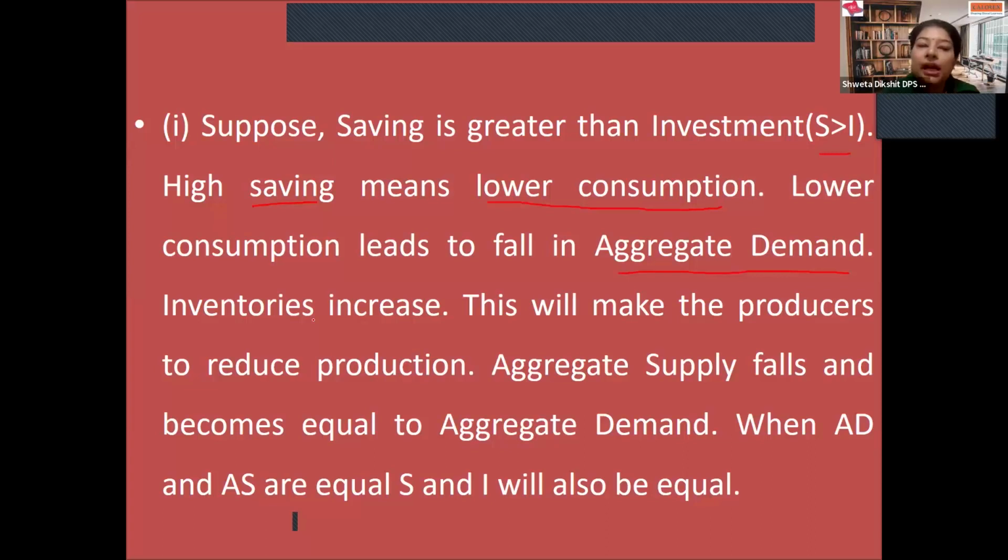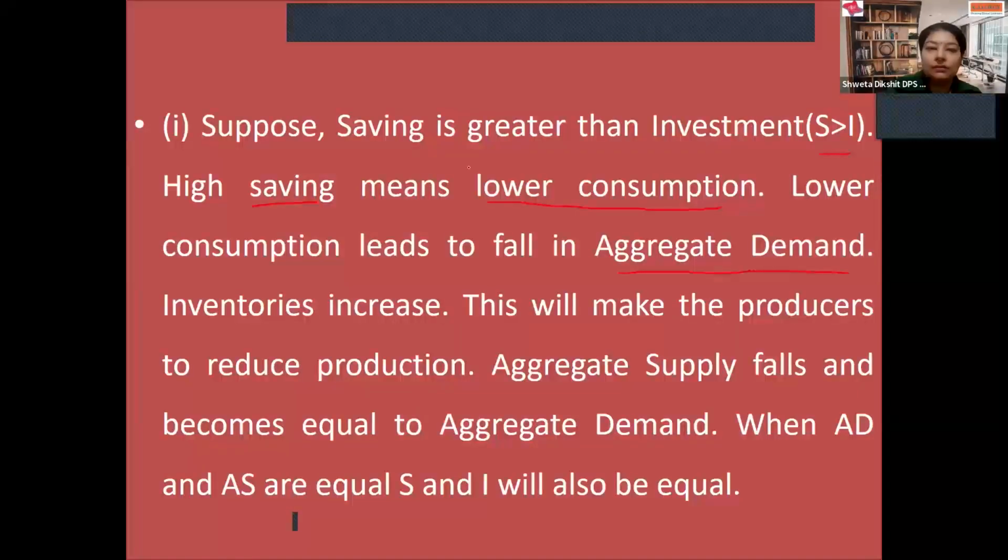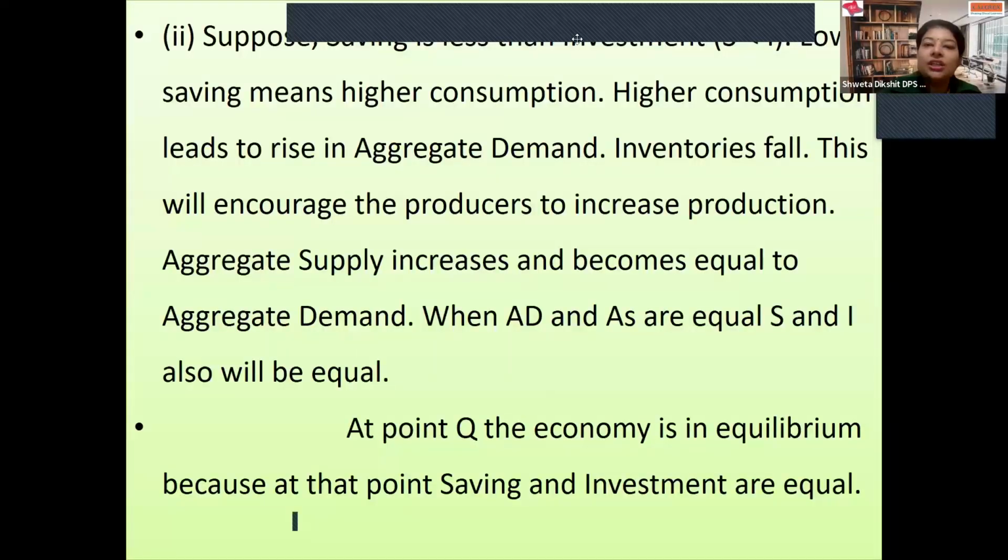I come back to the answer. This should be explained first. Initially, what we learned is that S is less than I. When S is less than I, it means there is lower savings and higher consumption.